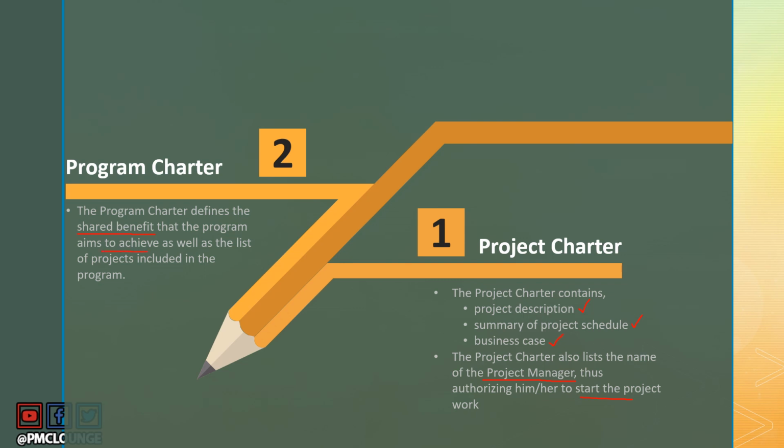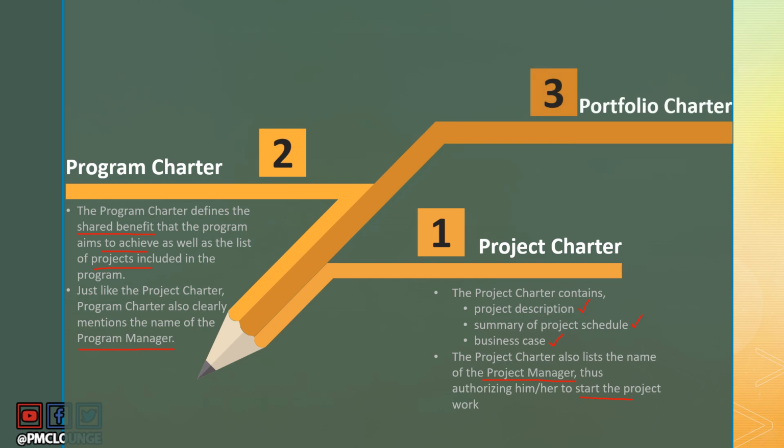And it is also going to list all the projects that are part of the program, because a program is a group of related projects. Just like the project charter, the program charter will also mention the name of the program manager. So the program manager will also get the authority to start his or her work once the program charter is out.